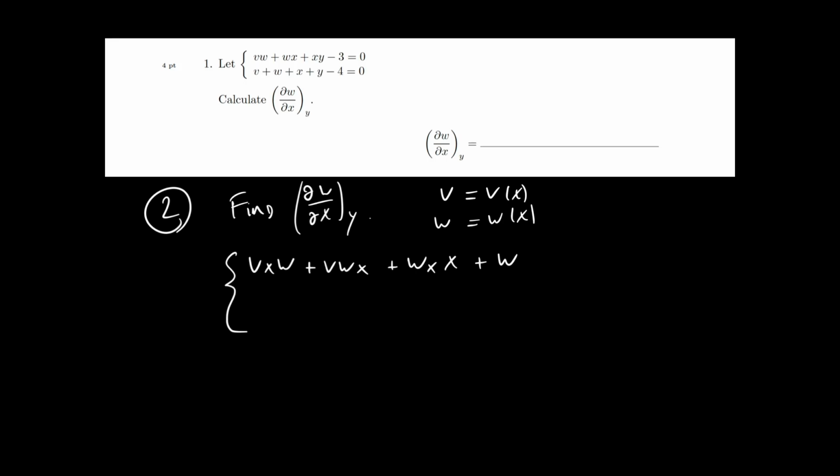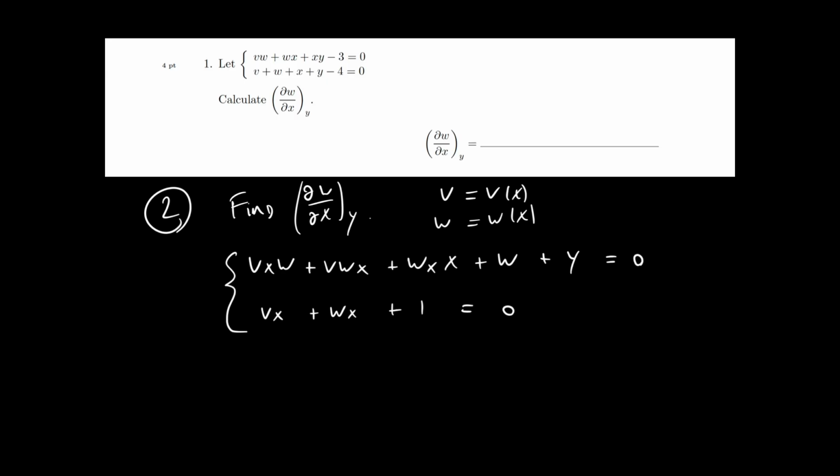And then the third term will simply give us y, and then all of that has to be equal to 0. Okay, so the second equation gives us vx plus wx plus 1, and the derivative of y with respect to x is 0, y is not dependent on x, so that's the second equation.